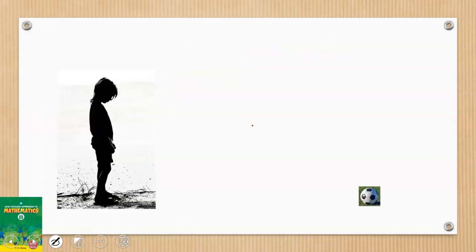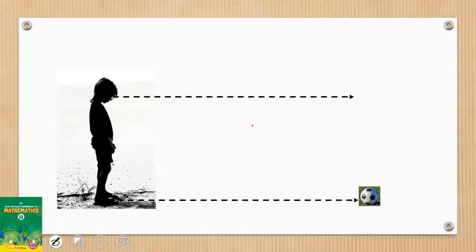Good. Then another way is this. This time, you're not lifting up your head to see something up, but you want to depress your eye or your head, bring your head down to look at something down here. Again, your normal sight and the ground are parallel, assuming the boy is not bringing the head down.